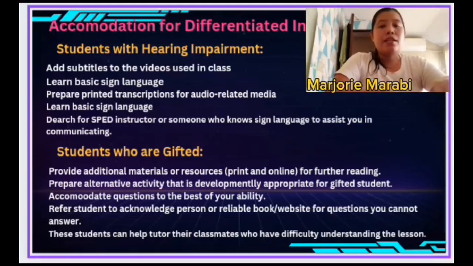Then importante sad nga maka-learn kag basic language to communicate with the students who have hearing impairment. Or search for a speech instructor or someone who knows sign language to assist you in communicating.